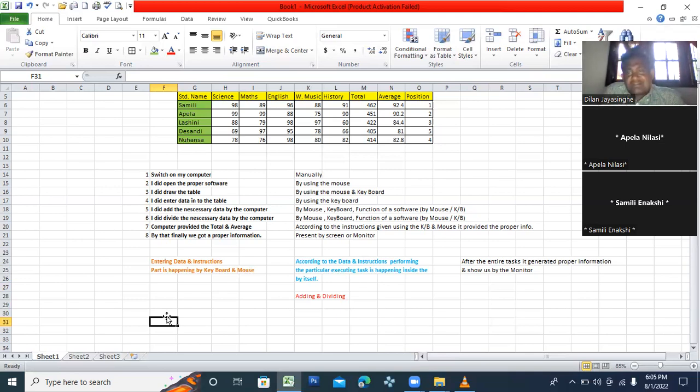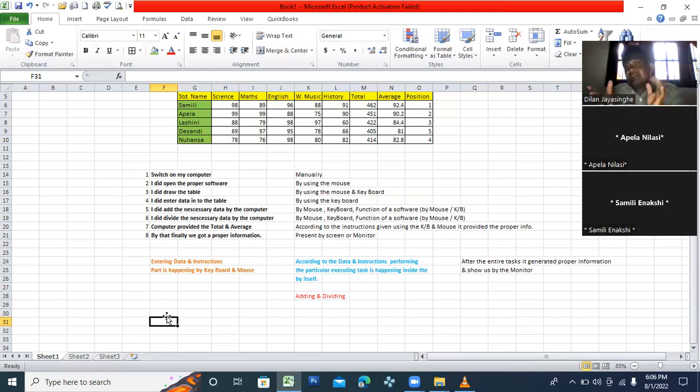We did enter data and we did enter instructions. Then according to the instructions and data what we entered, computer has executed some task inside it.